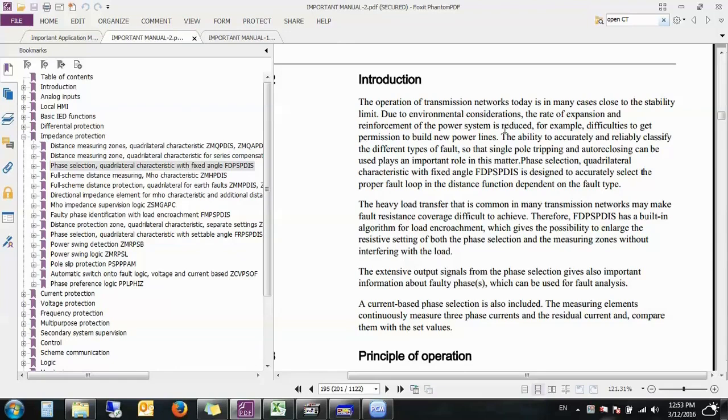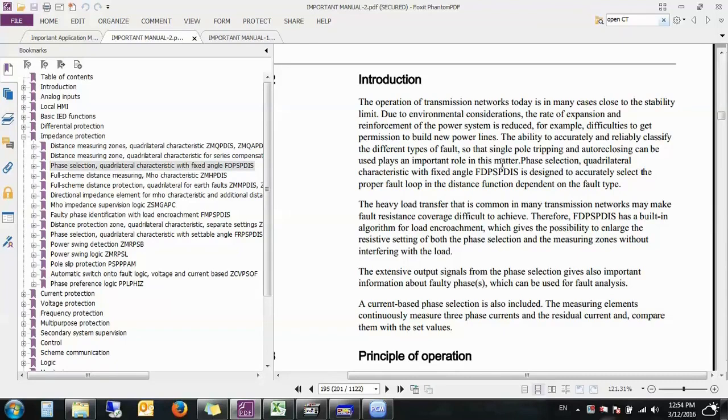Consequently, due to these issues, such as not being able to build another power transmission line, it becomes difficult for you to accurately and reliably classify the different types of faults. So things like single pole tripping and auto reclosure can play an important role in this matter. This means that if you can correctly identify the fault and know which phase the fault is on, you can isolate that phase and perform auto reclosure on it while keeping the other 2 phases closed.